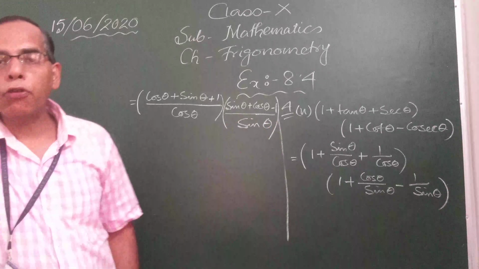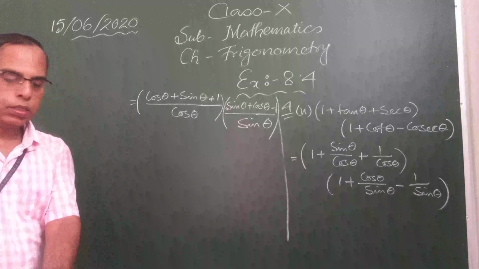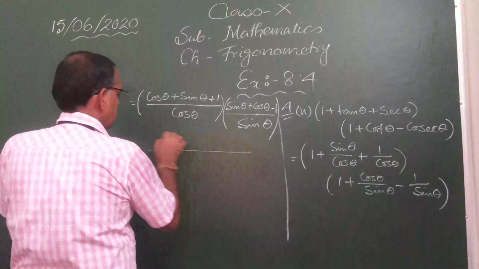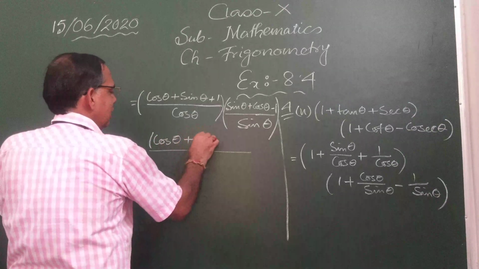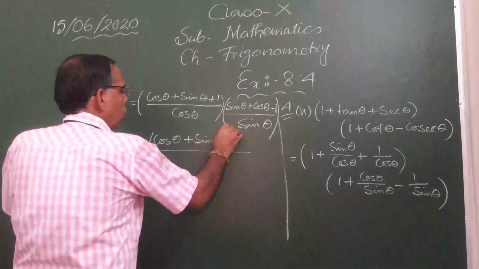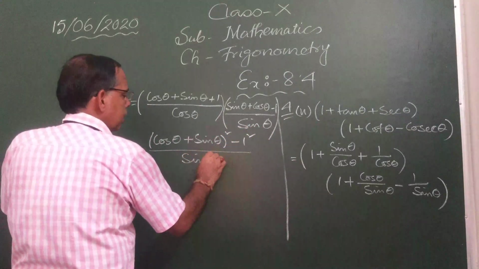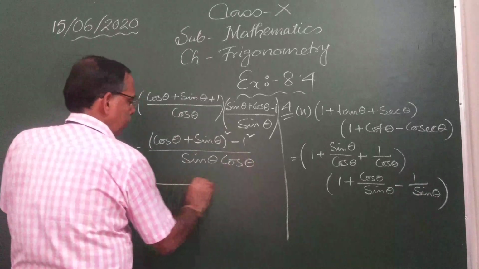So what formula will be used? The a square minus b square formula. So please use the a square minus b square formula. Then what is that? ((cos θ + sin θ)² − 1²) divided by the product sin θ cos θ, because we are multiplying.